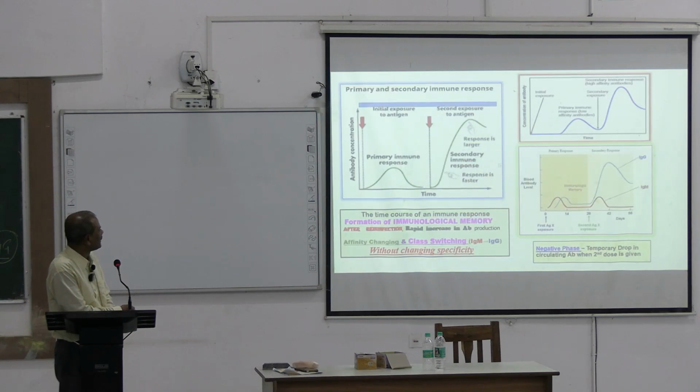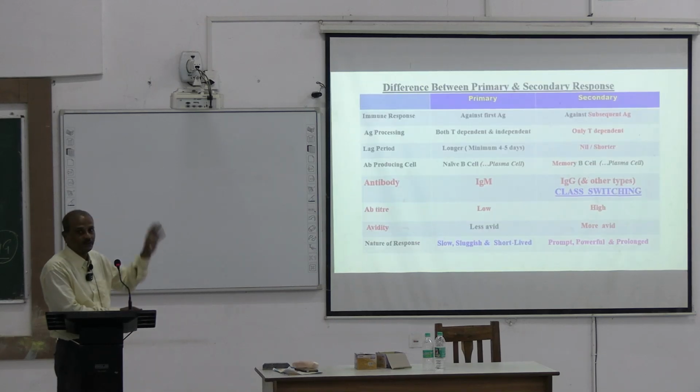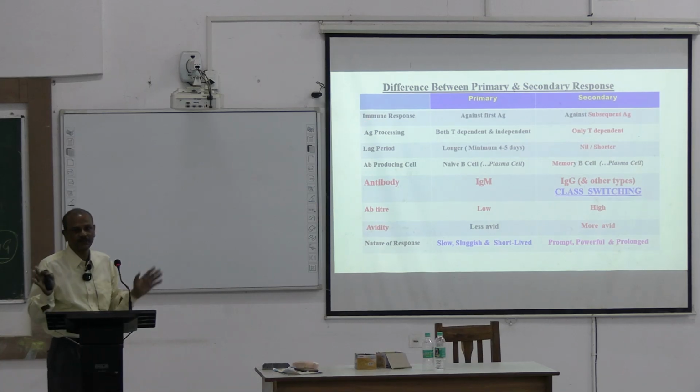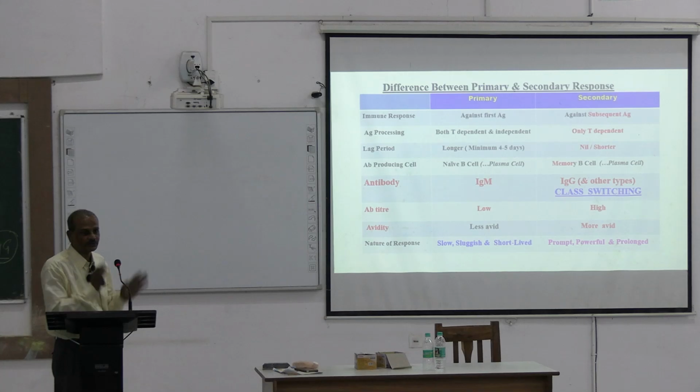Okay, this part I have told you; now in your chart you try to understand the meaning. First, immune response: there are two in the adaptive system, one is primary, one is secondary. Primary is the immune response against the first antigen, when it is getting exposed for the first time. The second is against the subsequent exposure, that is the secondary response.